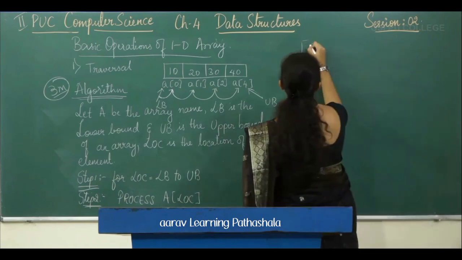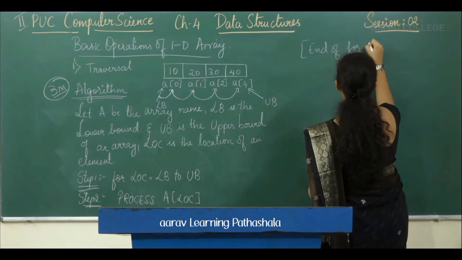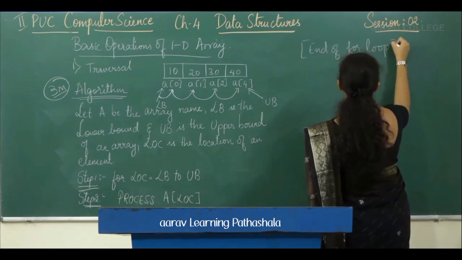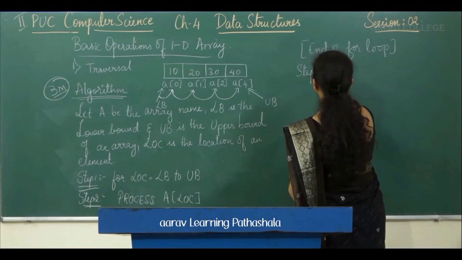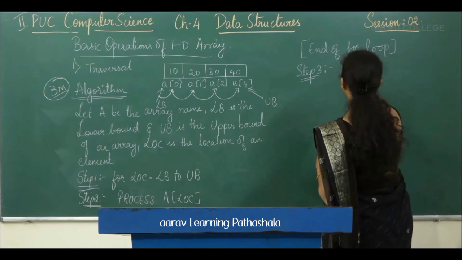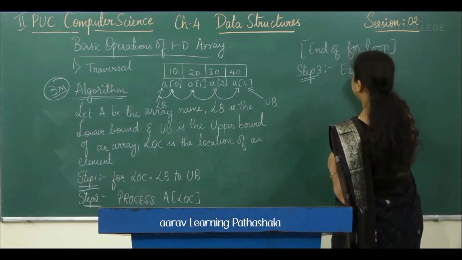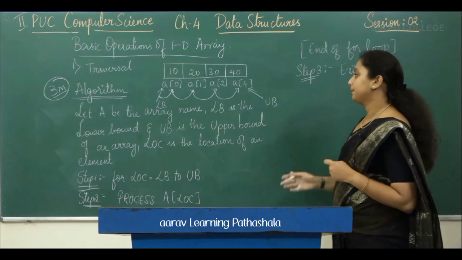Here, end of for loop. What is step 3? After visiting each location of an element, it is going to exit. So this is about traversing.